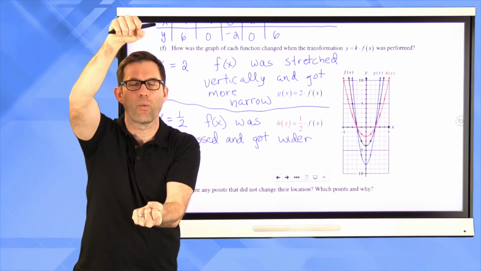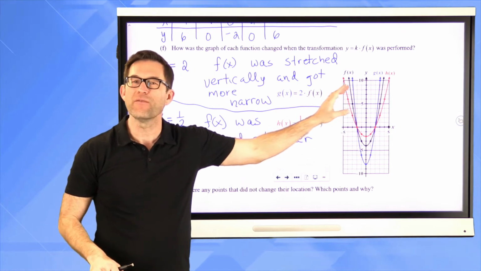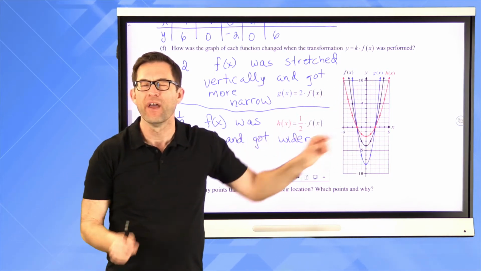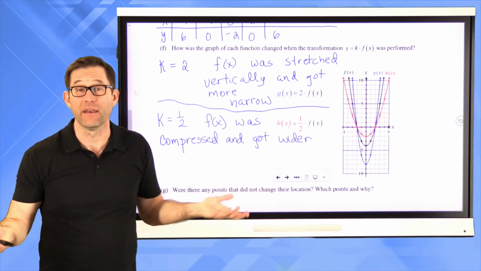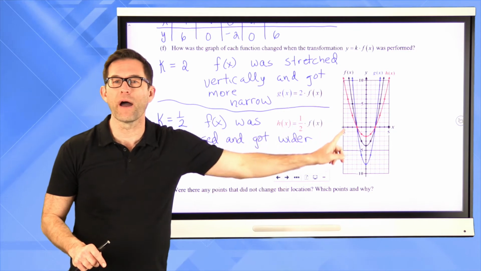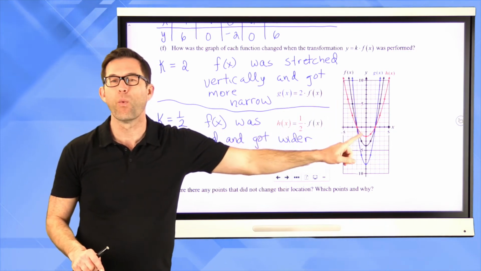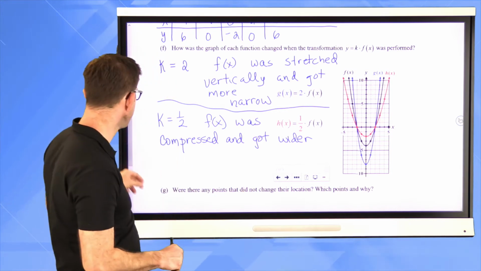Every single y value got sliced in half. And the effect of it in this red graph is it almost looks like the parabola got wider because, well, it did. But the most important thing to understand is that every single y value on that red graph is 1/2 the size of the y values on the original graph.